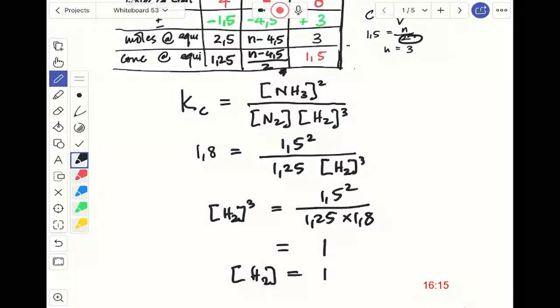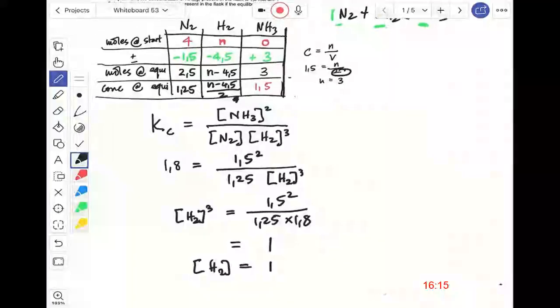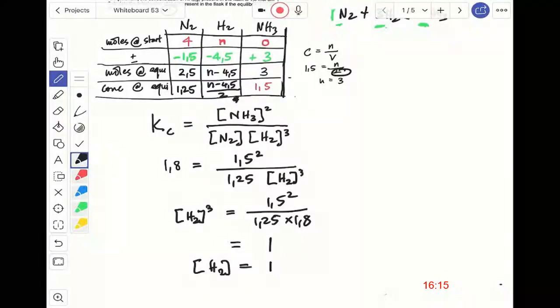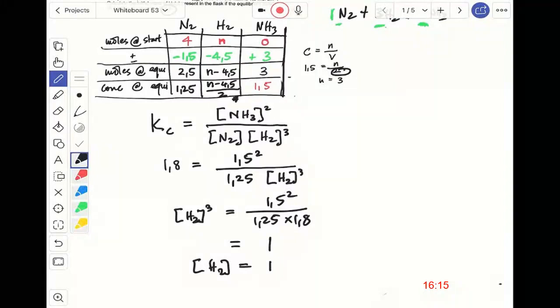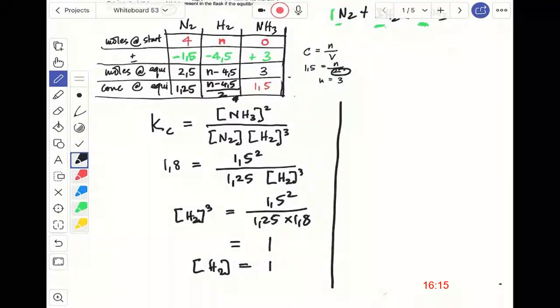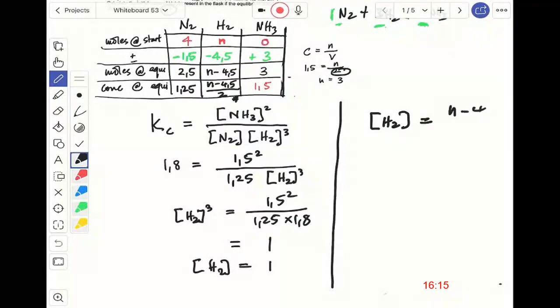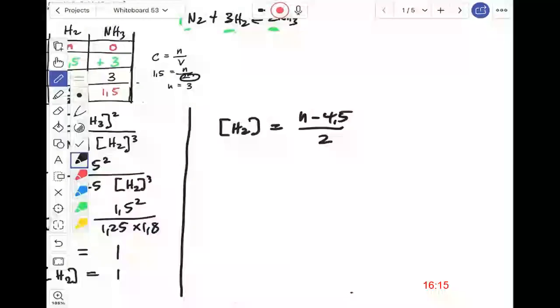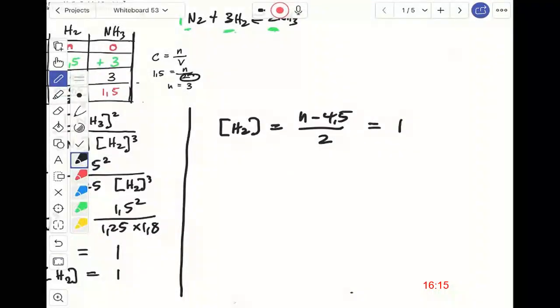The wonderful thing about that is that if I put that in there, I was going to get a complicated cubic equation, etc. But now, I can just say that the concentration of H2 is equal to N minus 4,5 divided by 2, and that is equal to 1.